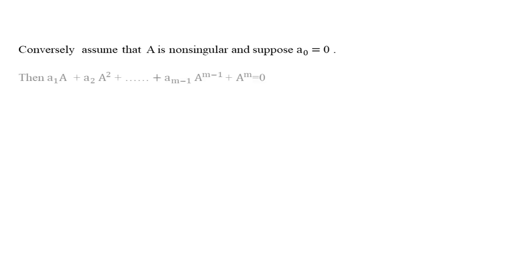Here Mn of F means the vector space of all matrices of order n over the field F, and F of x means the vector space of all polynomials over the field F. We have to show that if we put x equal to the matrix A in the polynomial f of x, then we will get the 0 matrix. That is what we have to prove.